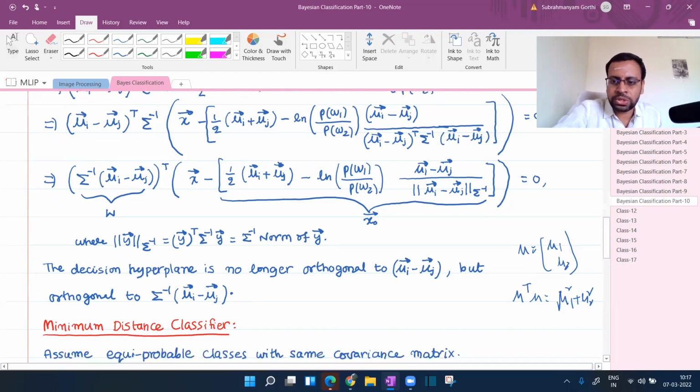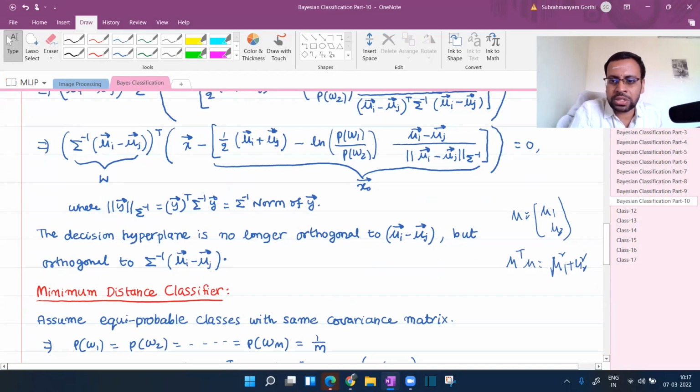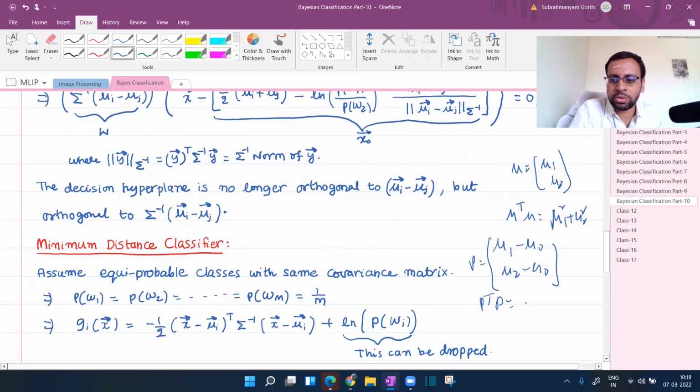And of course, now I have mu1 minus, there is some other vector. Let's call it mu1 minus mu naught, mu2 minus mu naught. Now this vector, let me just call it P. Now P transpose P, what does that give? Mu1 minus mu naught whole square plus mu2 minus mu naught whole square.